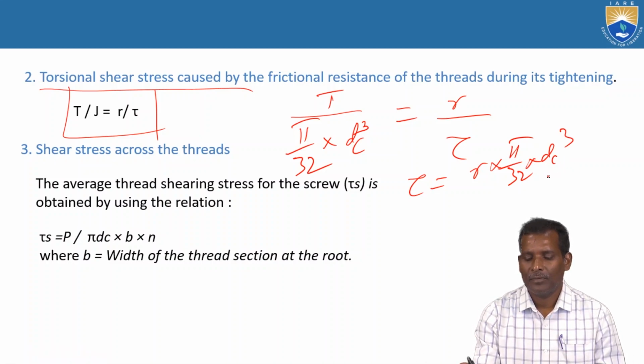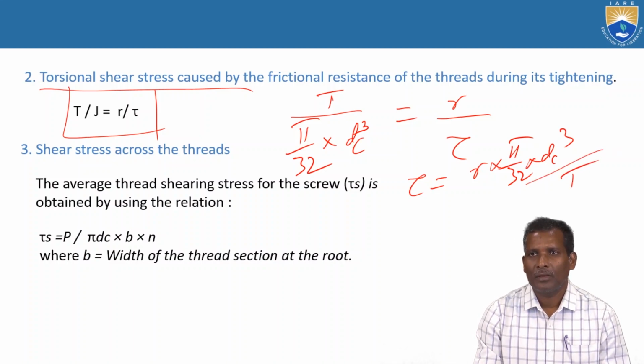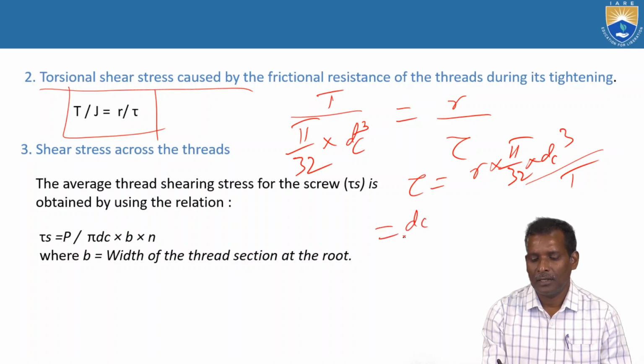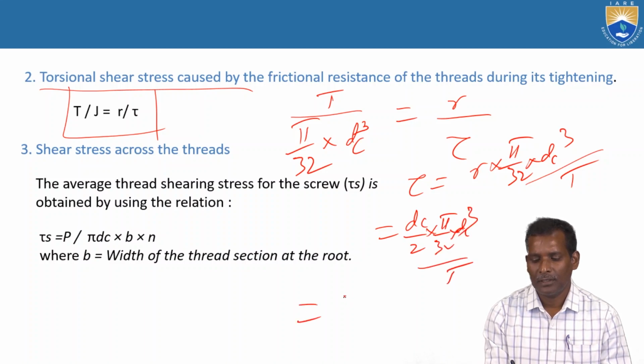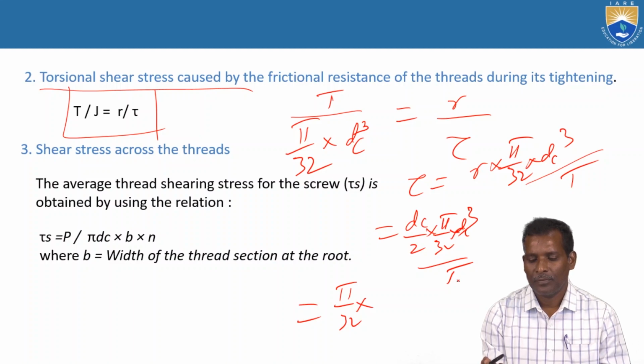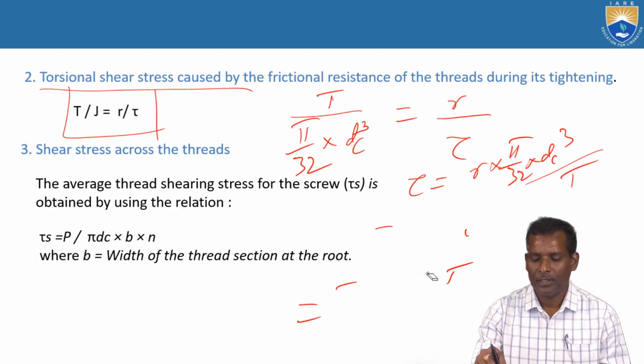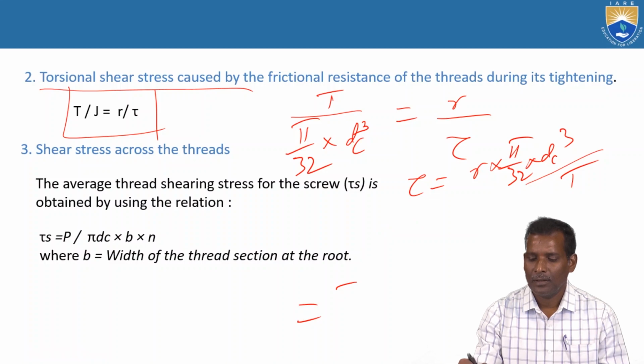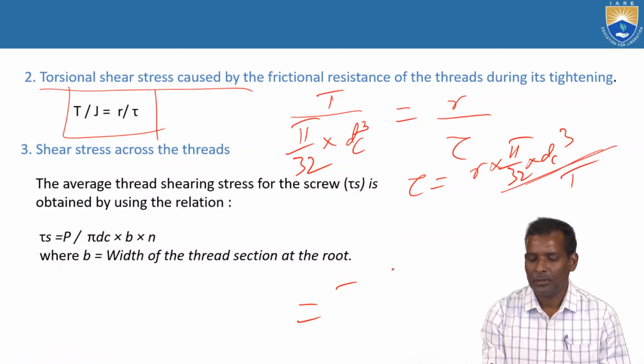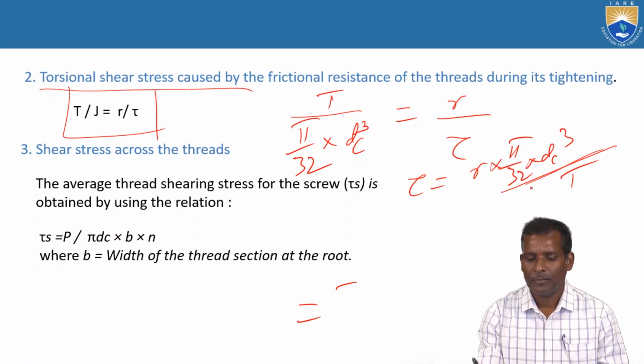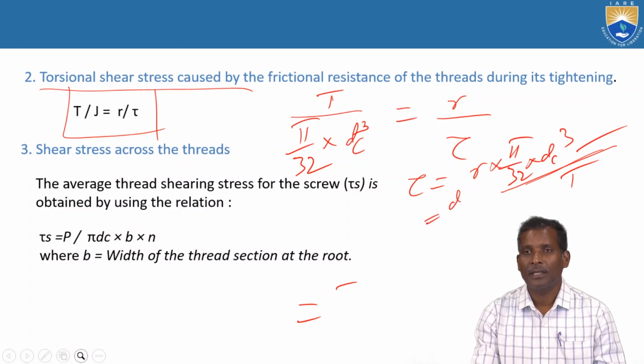Again, you can write in place of R, dc by 2, so that you can write pi by 32 into dc cube. So you can substitute here dc by 2.